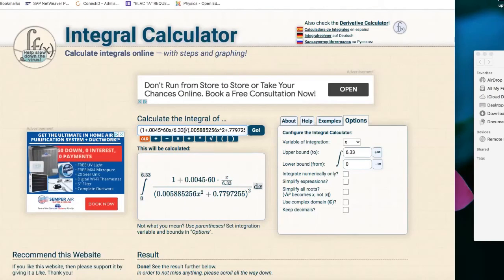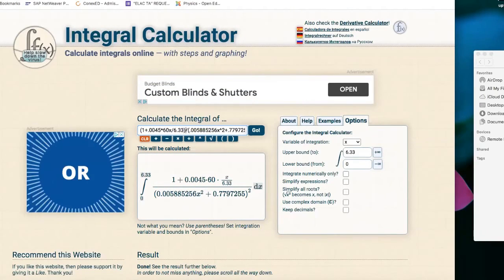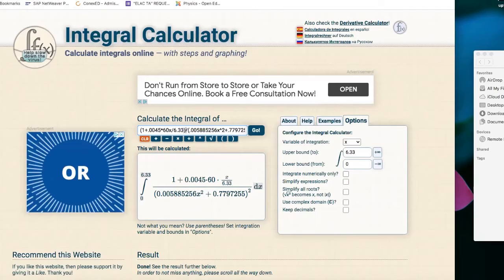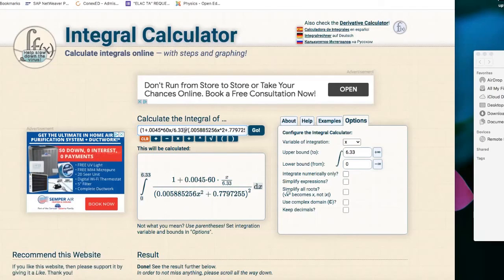Okay, so that makes sense. 1 plus 0.0045 60 6.33x. Okay. Yep.